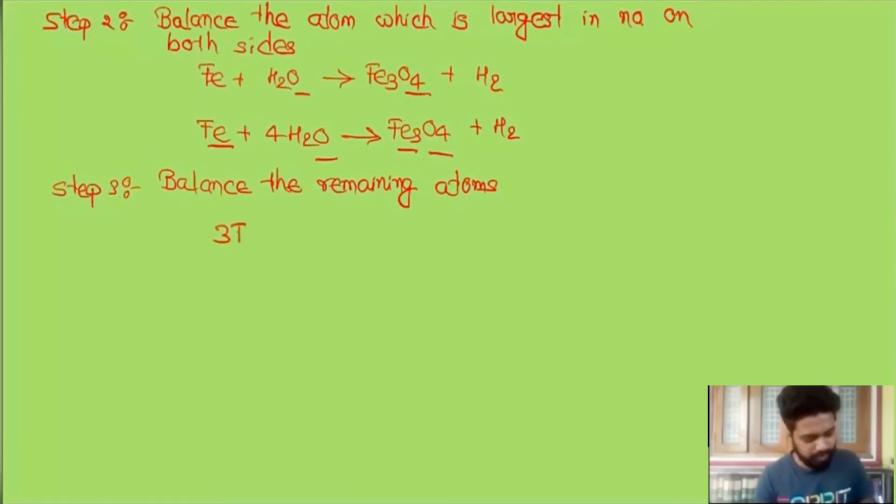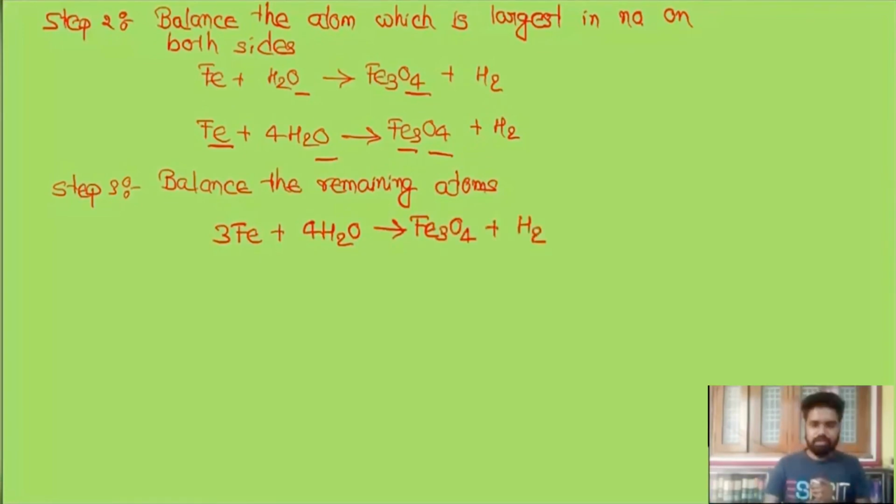So we note it as 3Fe plus 4H2O gives Fe3O4 plus H2. So now the iron as well as oxygen atoms are balanced.